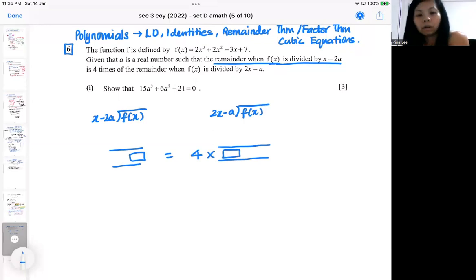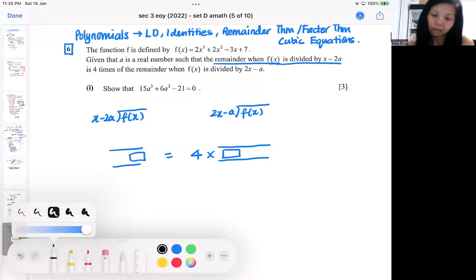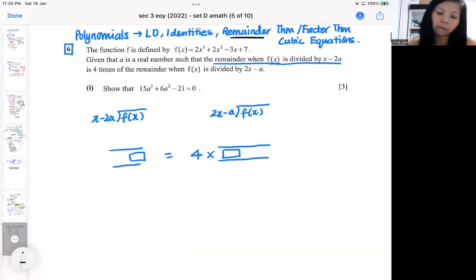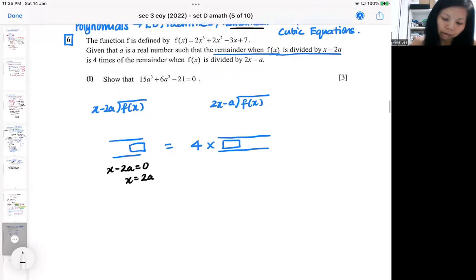So for those who have forgotten, how am I going to get the remainder? I can't even do a full long division. So this is where the remainder theorem comes in. The remainder theorem says that you set the divisor to 0. The remainder that you will get here is f(2a).